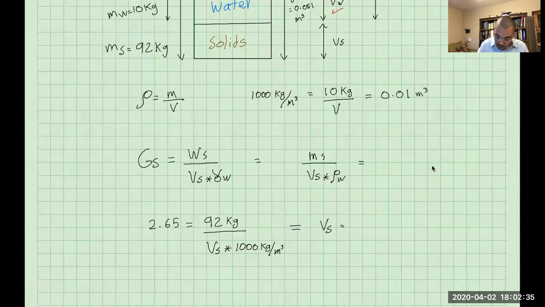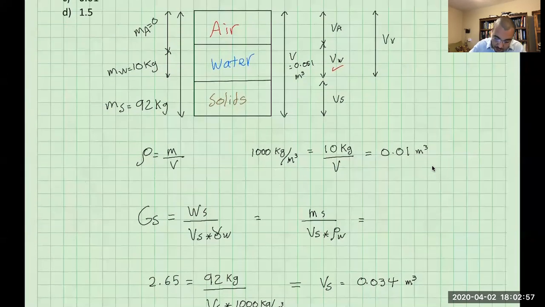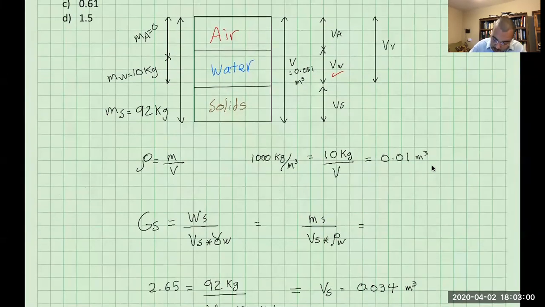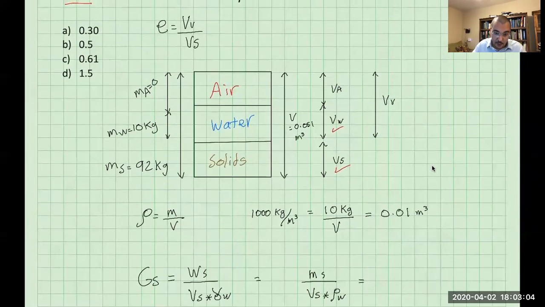So we'll find the volume of solids by using our calculator. We have 92. So the volume of solids is 0.034 cubic meters. And that's the volume of solids. Now, remember, to find the void ratio, we need the volume of voids and the volume of solids.